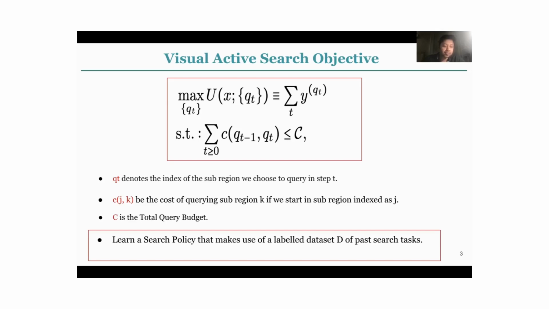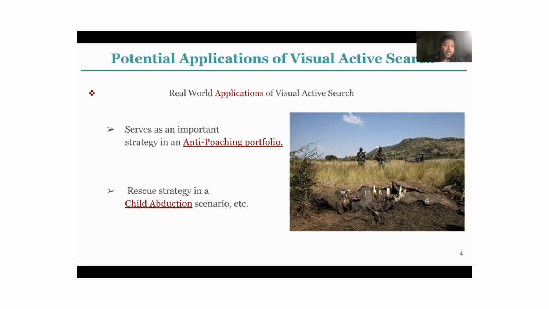search tasks. There are numerous applications of visual active search, ranging from detecting poaching activity to human trafficking, broad area search and rescue, identifying landmarks and many others. Consider a large national park that hosts endangered animals, which are also in high demand on a black market, creating a major poaching problem.